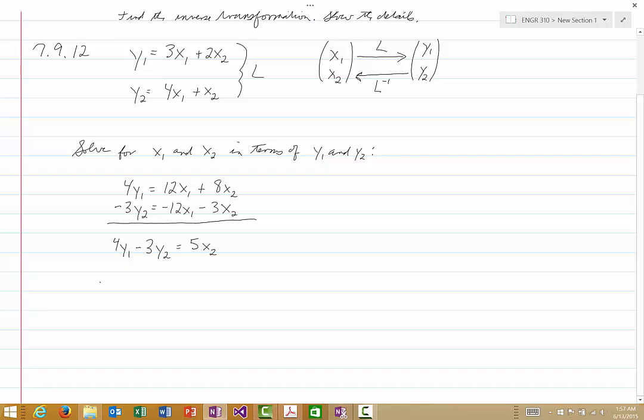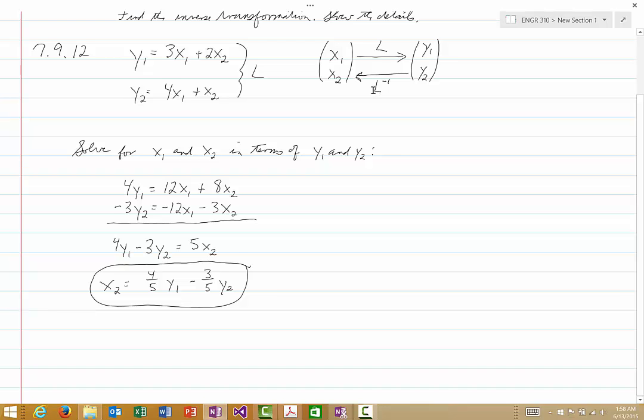And therefore x2 is equal to 4/5 of y1 minus 3/5 of y2. And that is part of the description of the inverse transformation L inverse.